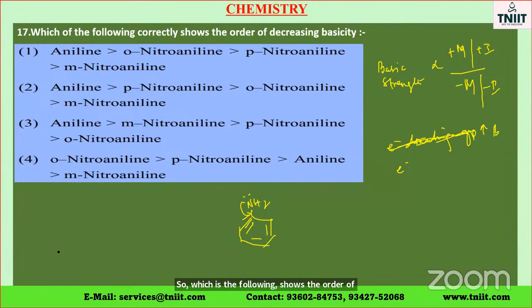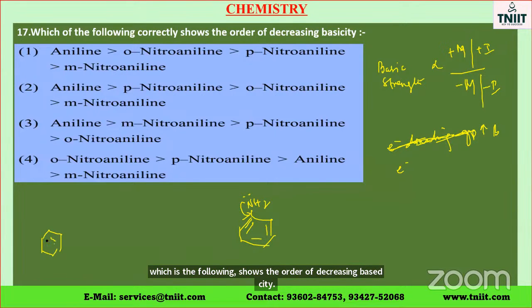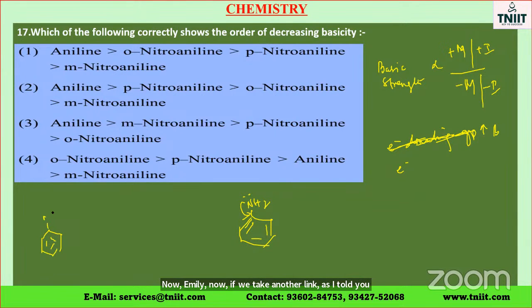Now, if we take aniline, as I told you, due to the resonance effect, the electron will be less available on nitrogen. So therefore, aniline will be less basic compared to metanitro-aniline. This is aniline and this is metanitro.